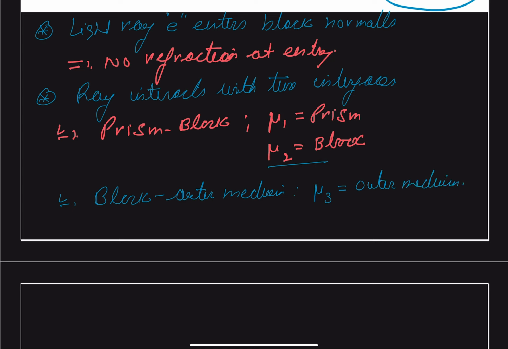So ultimately the combination, or you can say comparison, of refractive indexes is going to define how the ray is going to follow, whether it will be refraction or it will be total internal reflection. Okay.